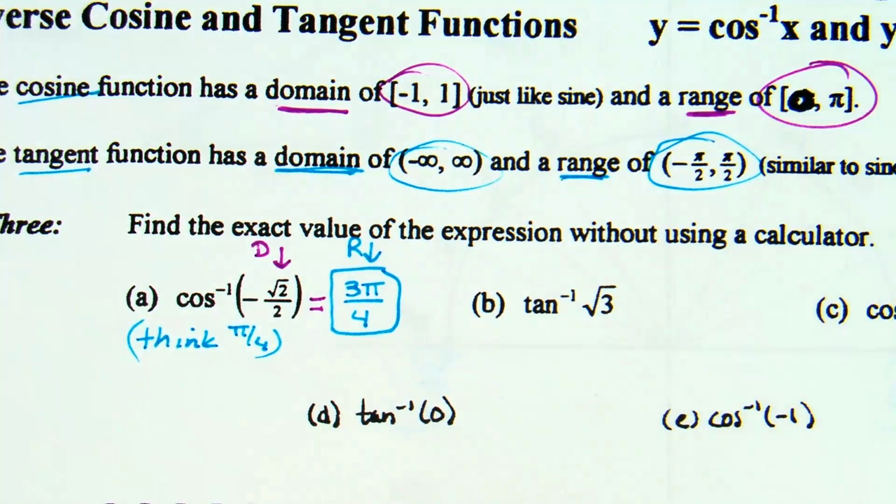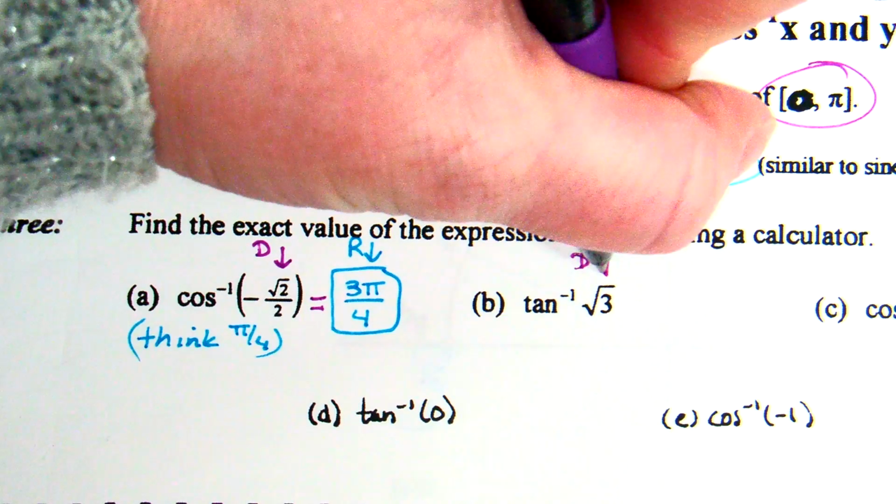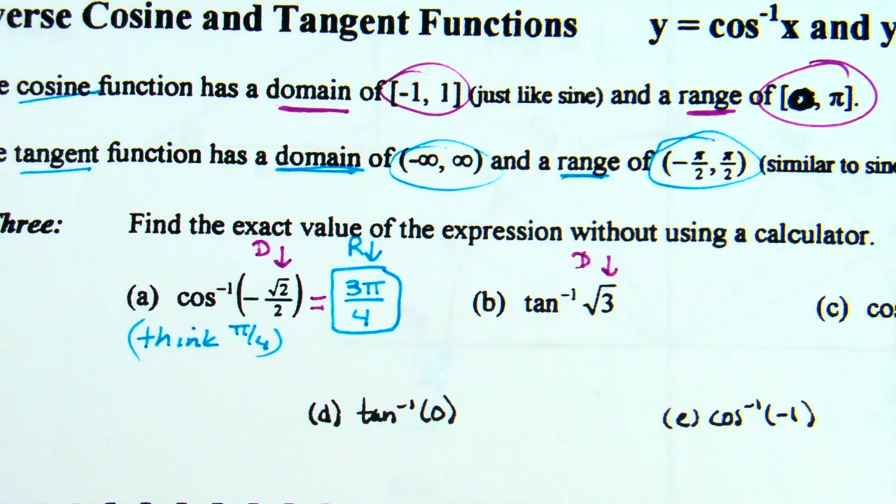Okay. Tangent inverse of square root of 3. First of all, I guess I should ask, is square root of 3 a good domain input value? Yes, because for tangent inverse, I'm allowed any kind of domain I want.